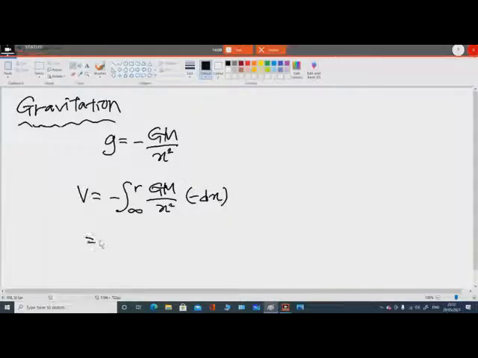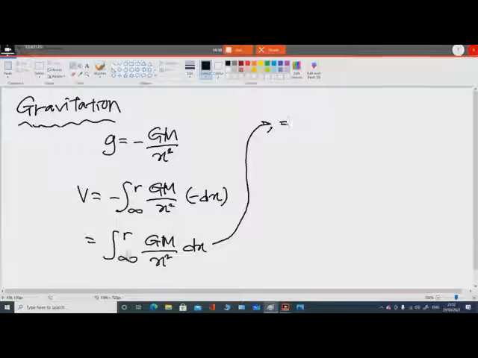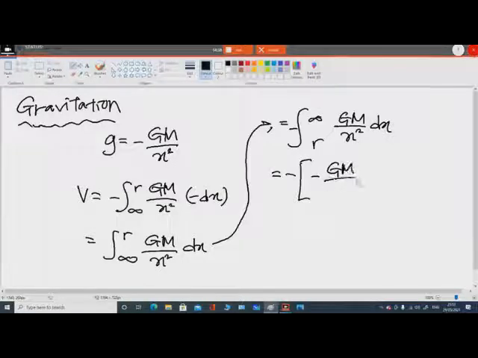So this will be positive GM over x squared dx. Same as just now, infinity is bigger than r, so this will eventually give us negative, the integral from infinity to r of GM over x squared dx. We integrate and get negative GM over x, from infinity to r.